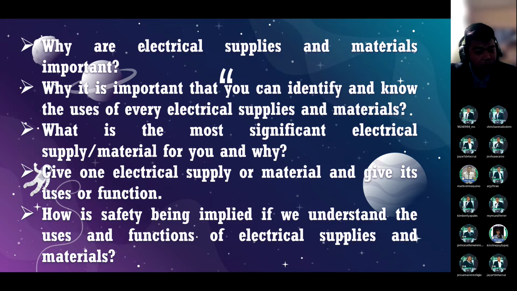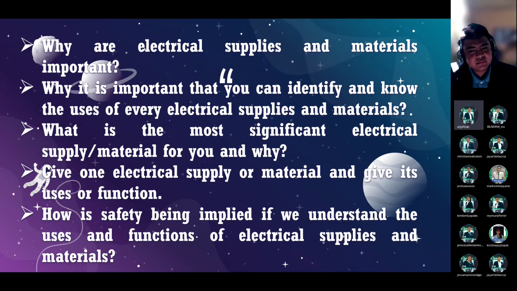Okay, next one. What is the most significant electrical supply or material for you and why? Let's have Mr. Argil. The most significant electrical material for me, sir, is the circuit breaker because when there is faulty wiring, it will automatically cut off the flow of current in a circuit.